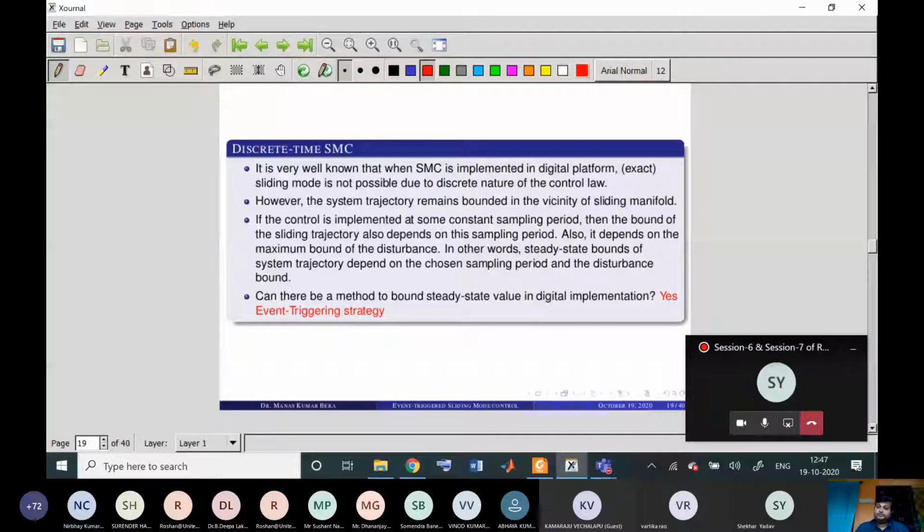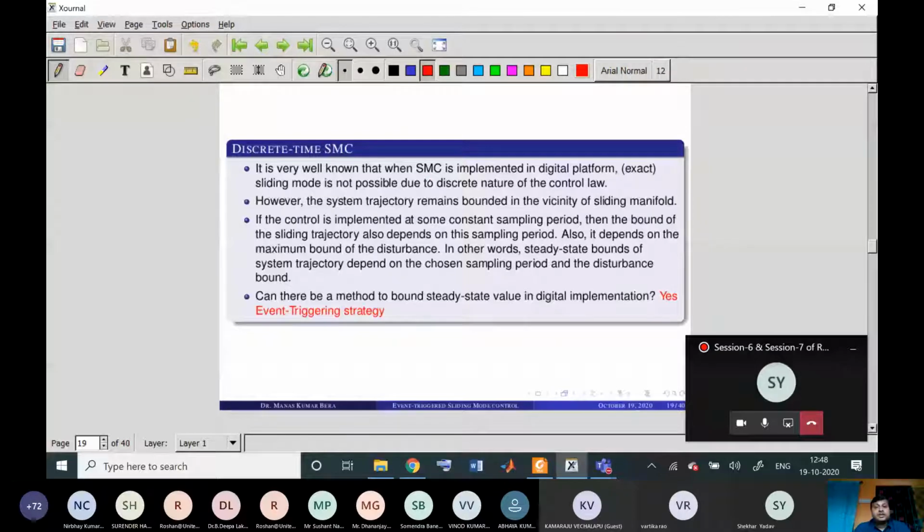But now the question is, can there be a method to bound the steady state value in digital implementation? If we go for the event triggering strategy, we will see that perfect sliding is not possible. We will be in the vicinity of the sliding manifold, but surprisingly, the bound of this sliding manifold no longer depends on the sampling time, because here we do not have any concept of sampling time, since it is irregular in nature and depends on the event.